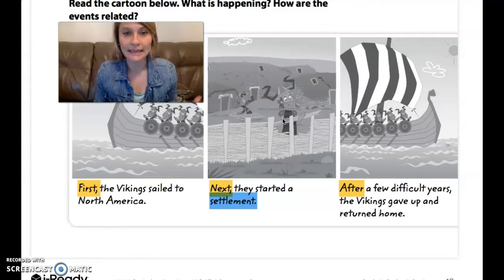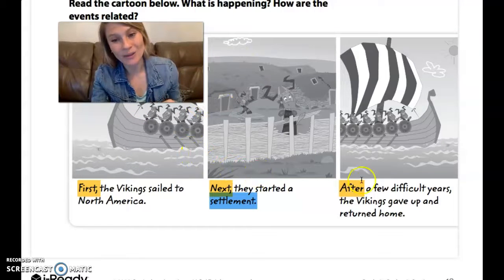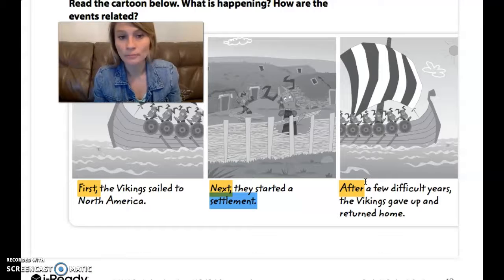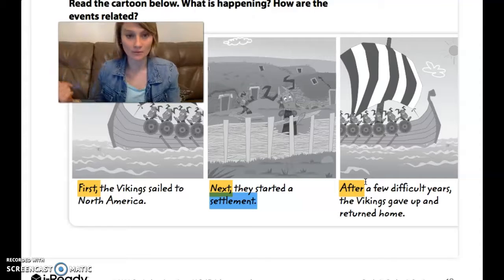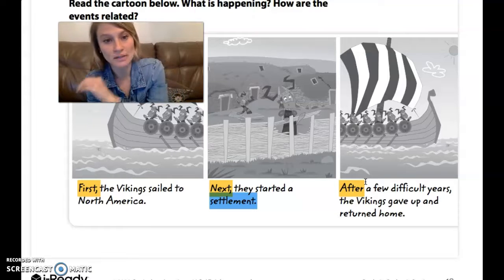They're trying to get an area where they can live. They first go there, next they start a settlement, but then after a few difficult years, they gave up and returned home. Is their home in North America? Nope. They returned back where they came from. Now, a couple things to keep in mind here when we're thinking about these particular sequence words.